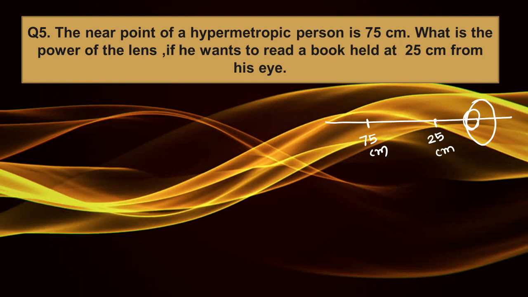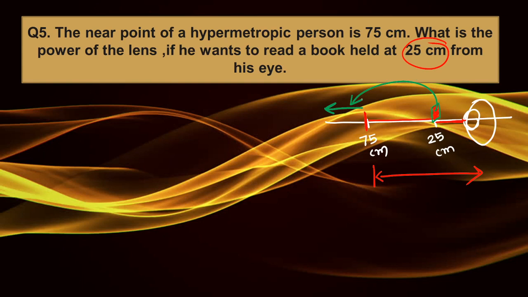Okay, now we have to make some correction. He wants to read the book at 25 centimeter. But his eye is able to read anything kept beyond 75 cm. Yes or no? The eye is like this, anything he can read after 75. So what to do? We have to keep the book here, that is okay, but the image of the book has to form in this region.